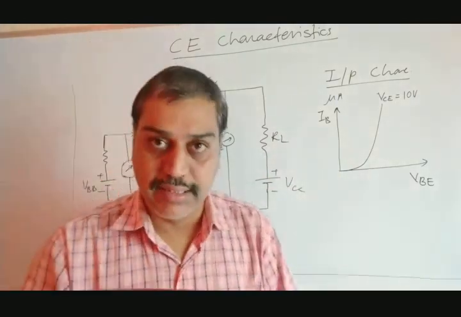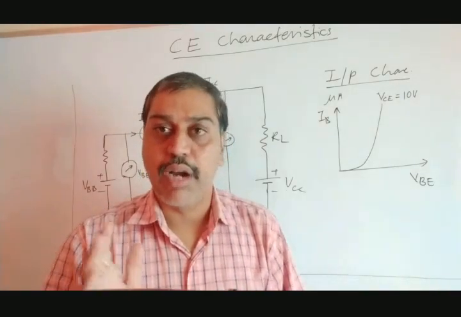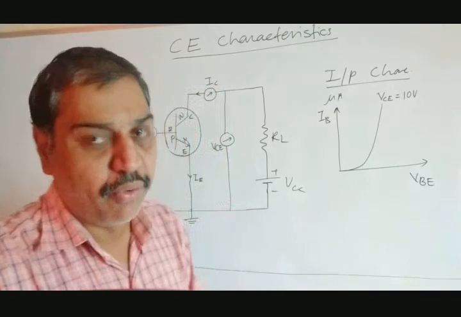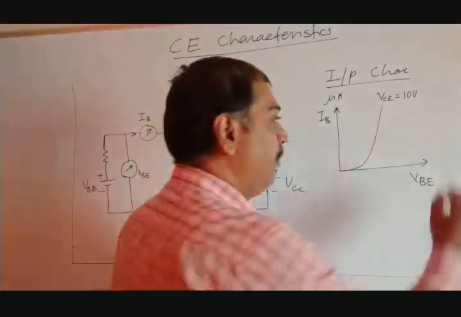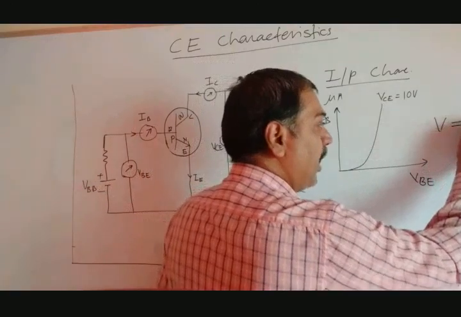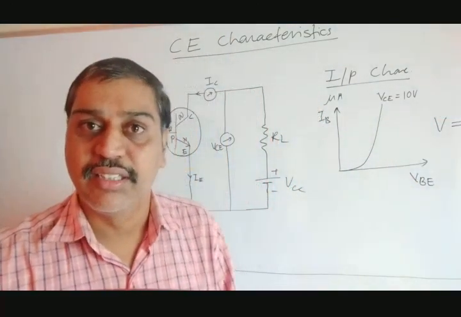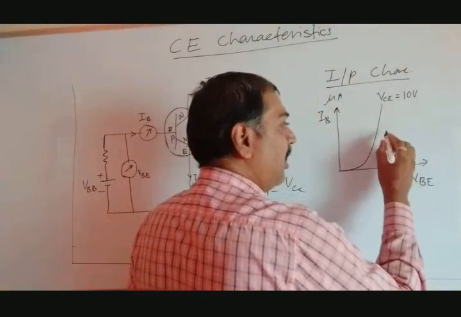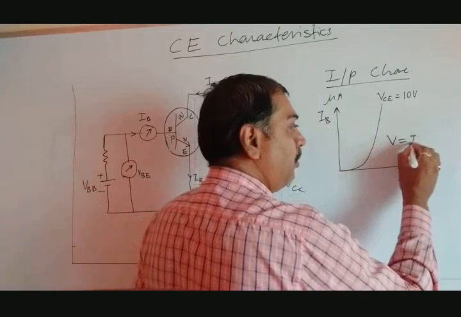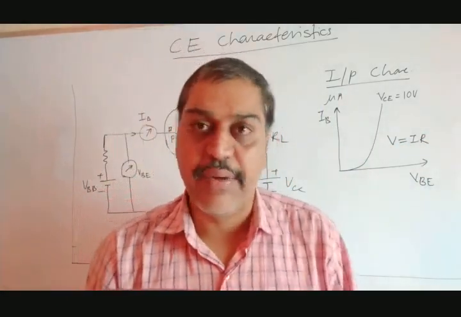Now remember, in this input characteristic, what is the remaining part? The remaining part is the input resistance we want to find out. We have just learned Ohm's law in 11th standard, V equal to IR. So voltage equal to I into R, where I is the current, R is the resistance, and V is the voltage.